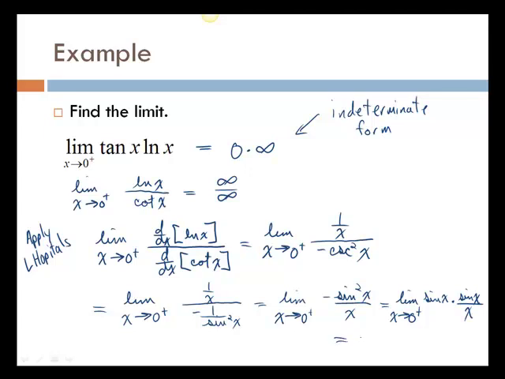And that's going to be equal to 0 times 1, which is 0. Right? So the limit as x approaches 0 from the right of tangent x natural log of x is 0.